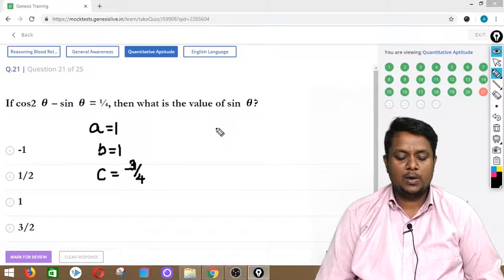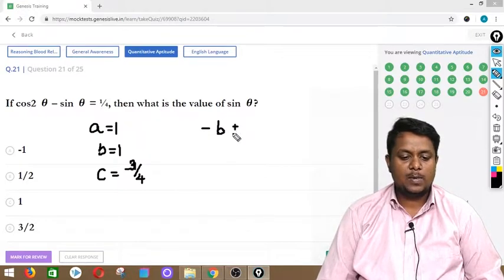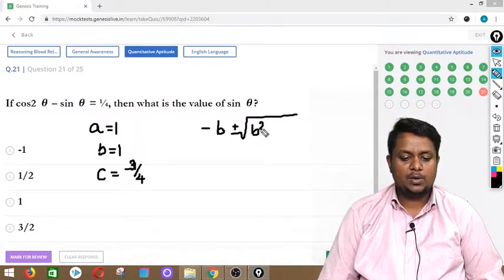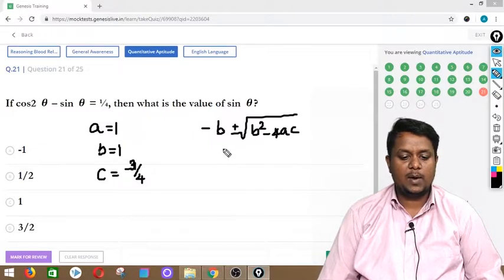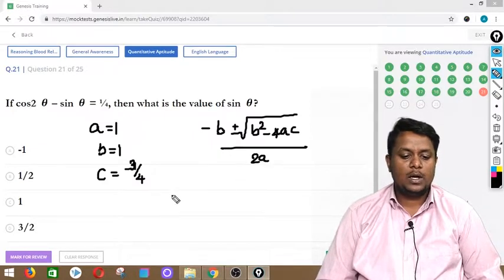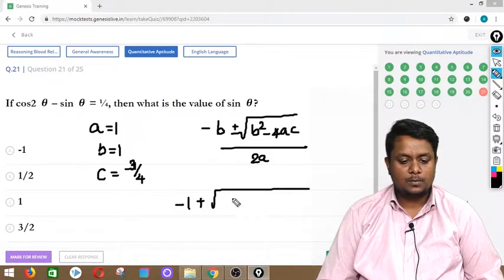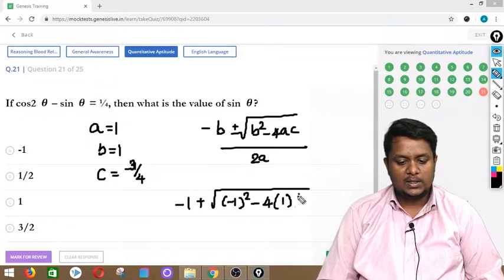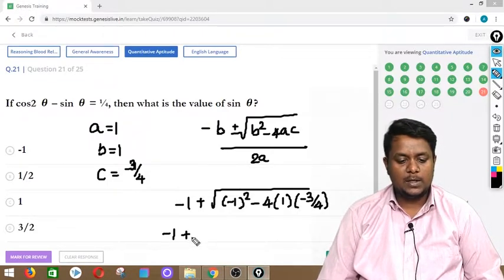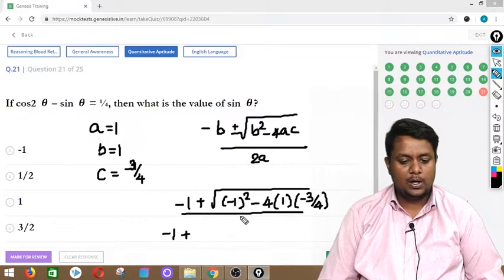The formula to find the roots is minus B plus or minus root of B square minus 4AC, divided by 2A.